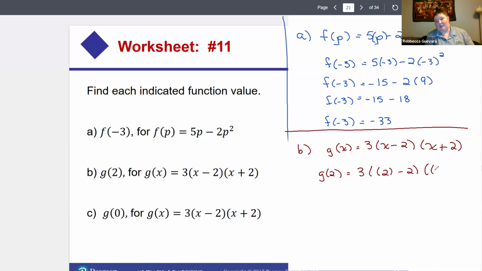And that this x here gets also replaced by 2. So we're going to get 3. And then we have 2 minus 2 here, so that's 0. We have 2 plus 2 here, so that's 4. So as you know, anything multiplied by 0 is just going to be 0. So this one just equals 0.